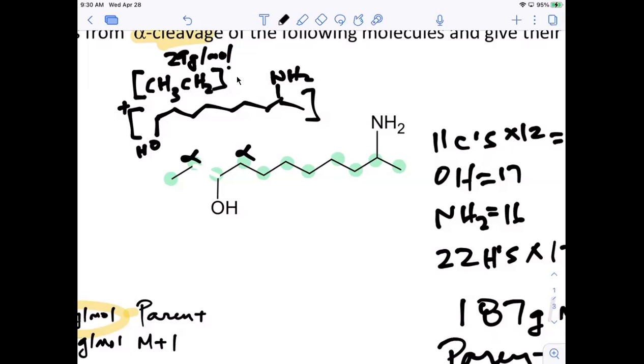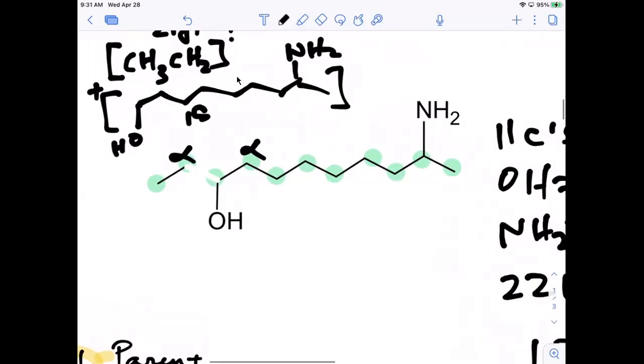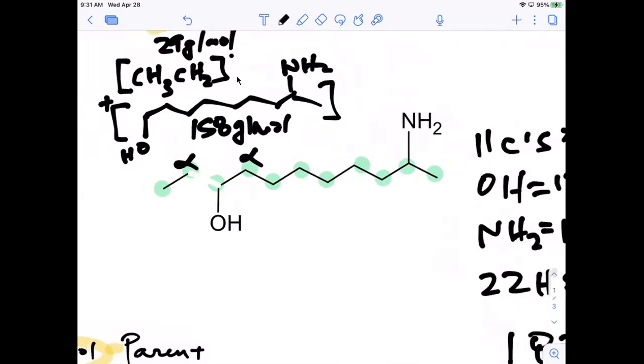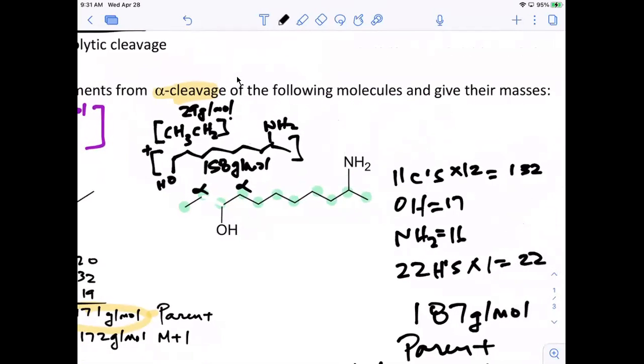Yep, 158. Right, grams per mole. All right. And then if you cleave the other side, you're going to get two more fragments. So you're going to get a total of 4 fragments for that molecule.